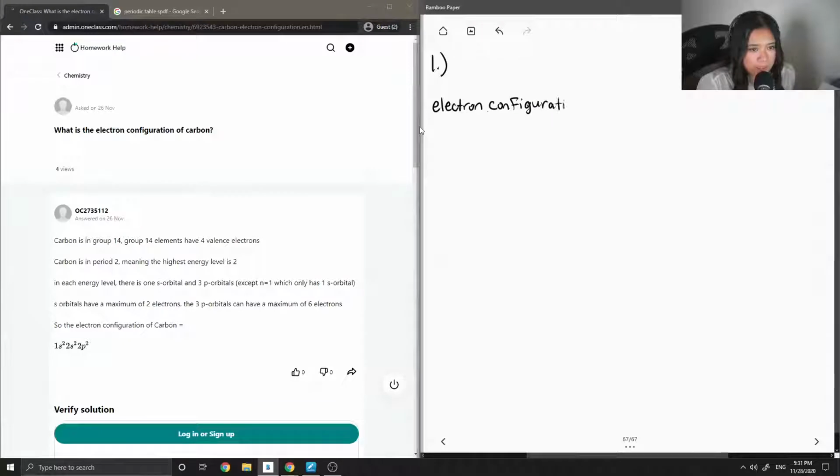Electron configuration is the distribution of electrons in atomic or molecular orbitals.